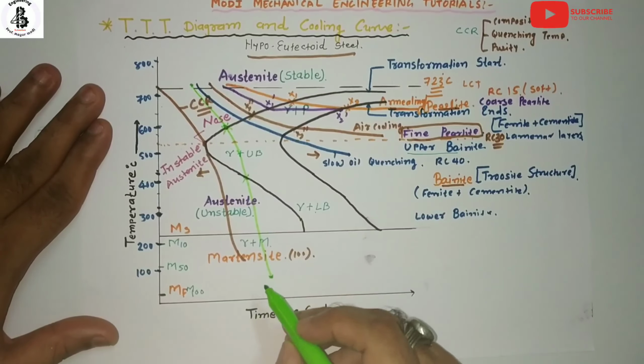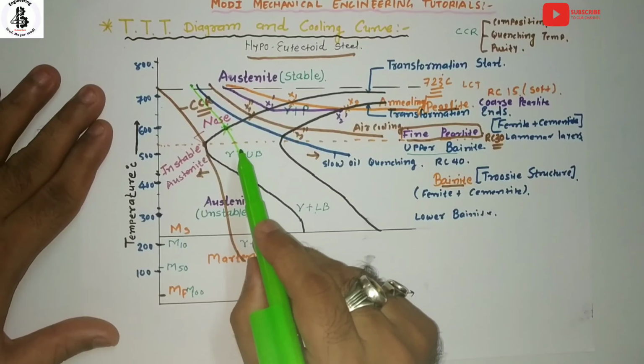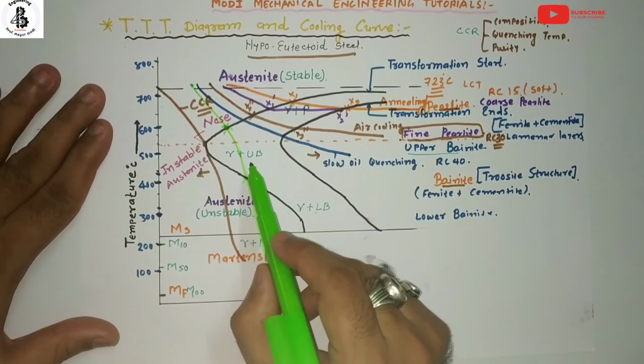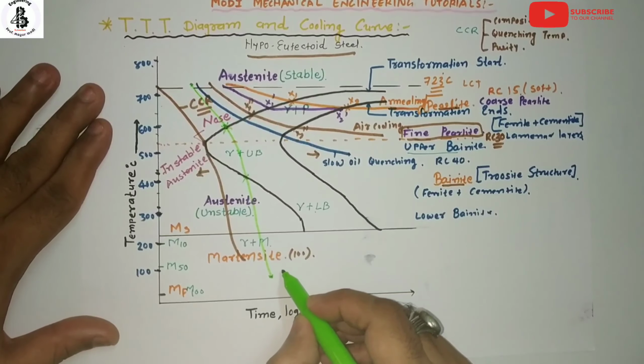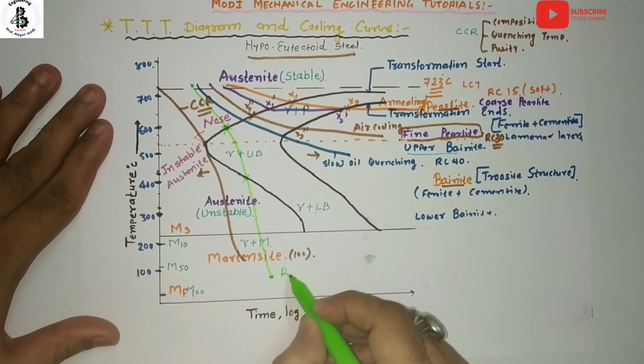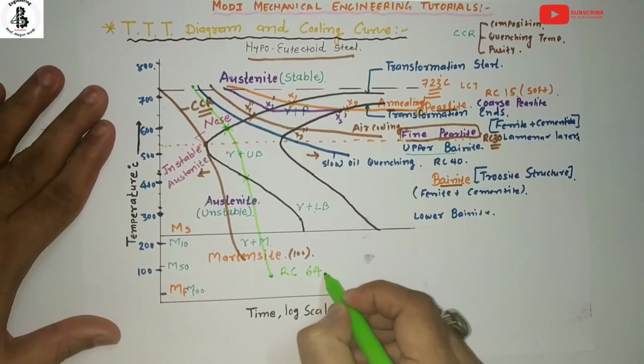So by such cooling, stable austenite goes to the fine pearlitic structure, and by this quenching process martensite forms directly. You will get a hardness of around RC64.